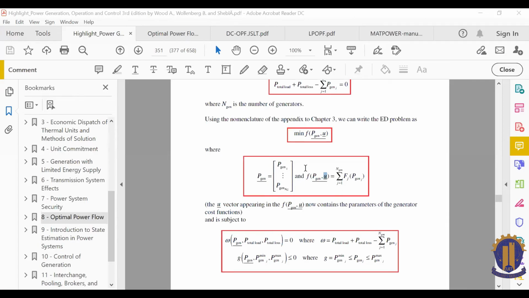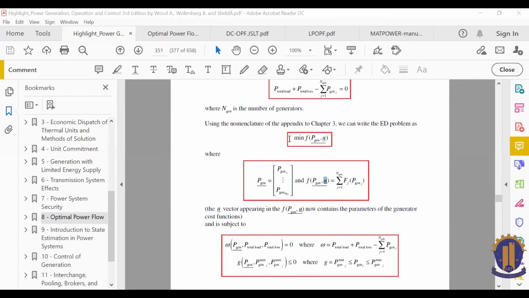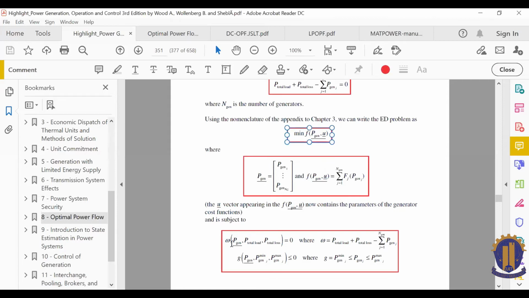Anyway, the objective function is this, and there are two constraints. One is omega, the supply equality constraint: supply minus demand equals 0, or total load plus loss equals generation.